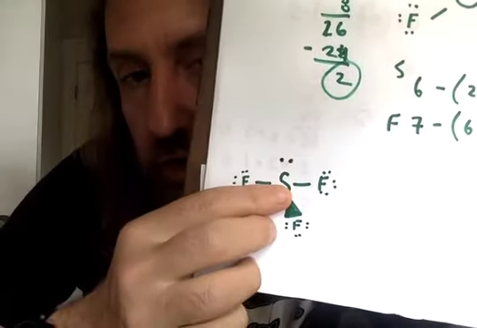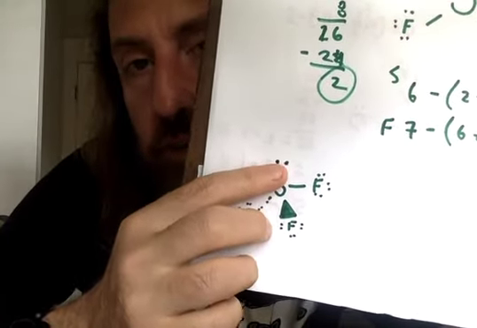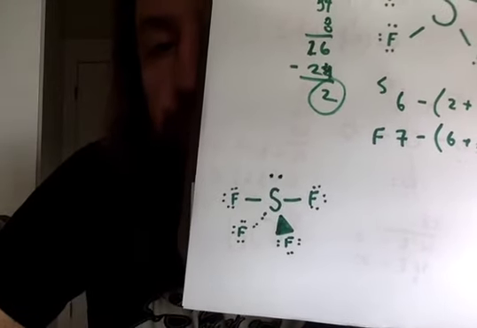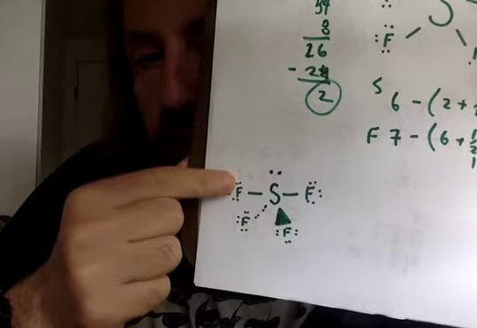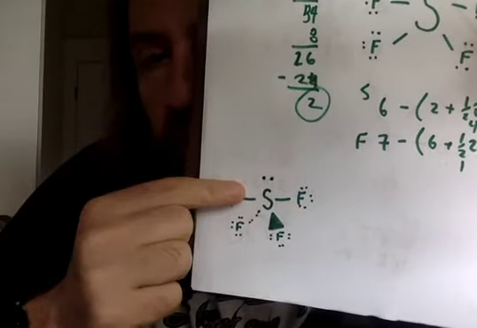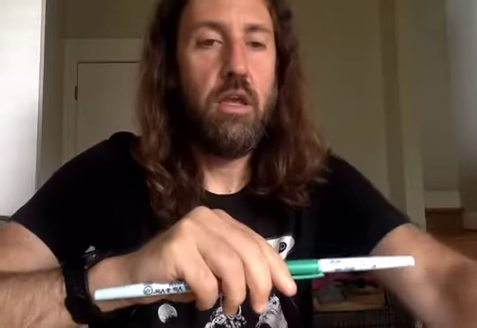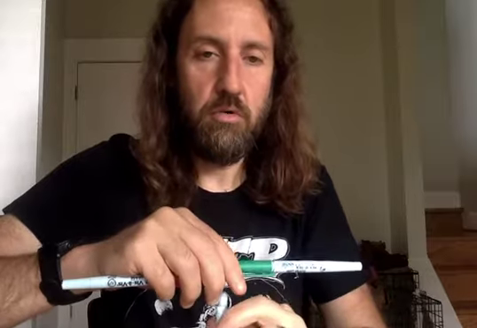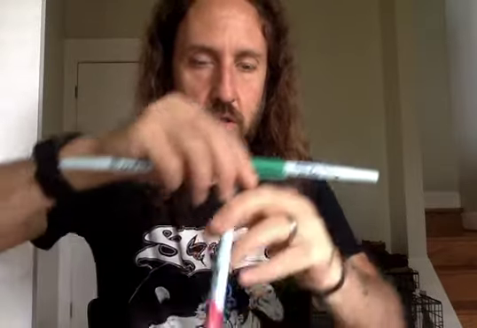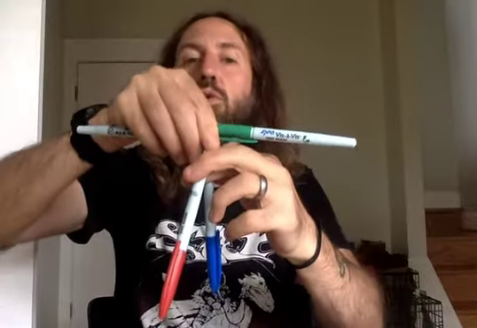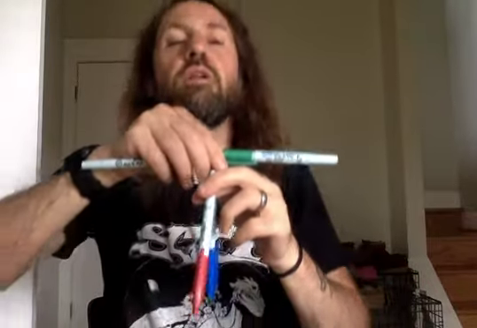And so that's my 3D drawing. That unshared pair pushes everything down like that. These are in the plane here, and then you've got 2 more that are like that. And then you've got your unshared pair right there.